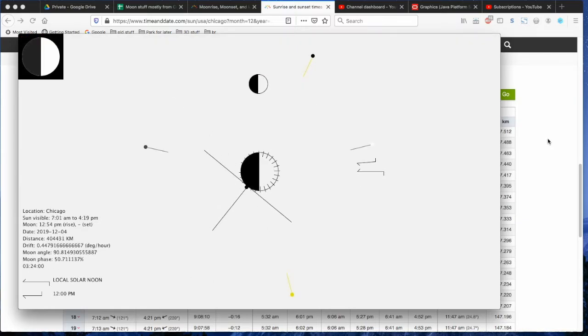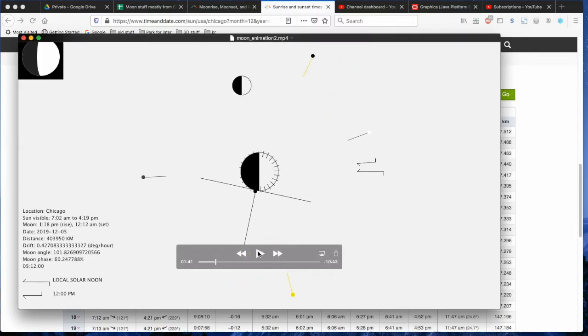Okay, I kind of messed that last one up. Let's try this again. Sunrise. Local 12 p.m., moonrise, sunset, high moon, moonset, etc.